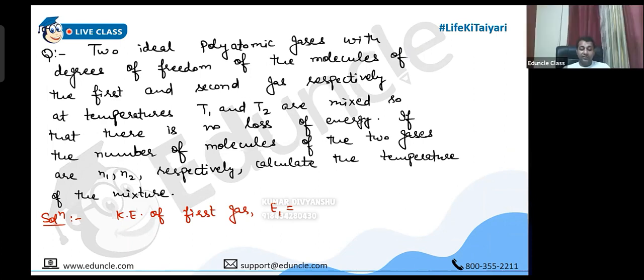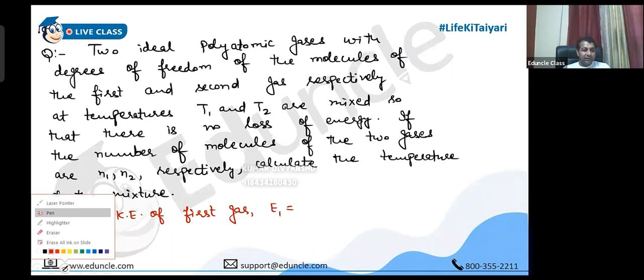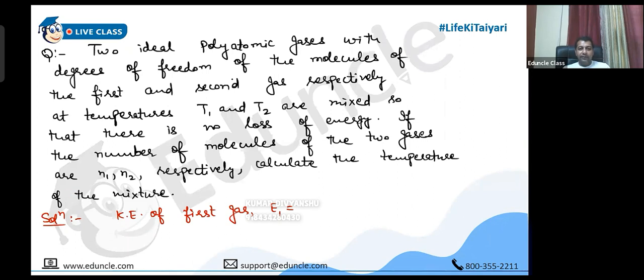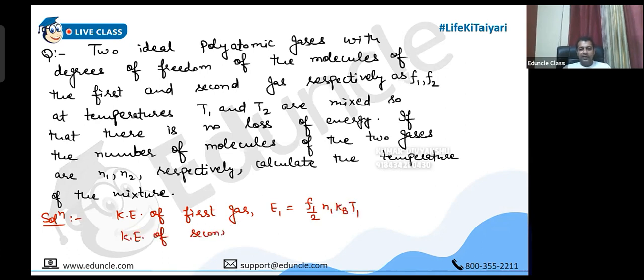It should be F by 2. I think I forgot to write degrees of freedom. Please add: with degrees of freedom of the molecules of the first and second gas respectively as F1, F2. I forgot to give you the degrees of freedom. Otherwise also it is polyatomic, so it should be F. So for the first gas, it will be F1 by 2, N1 kT1. Kinetic energy of the second gas: F2 by 2, N2 kT2. So what is the total energy before mixing? You will just add them up.